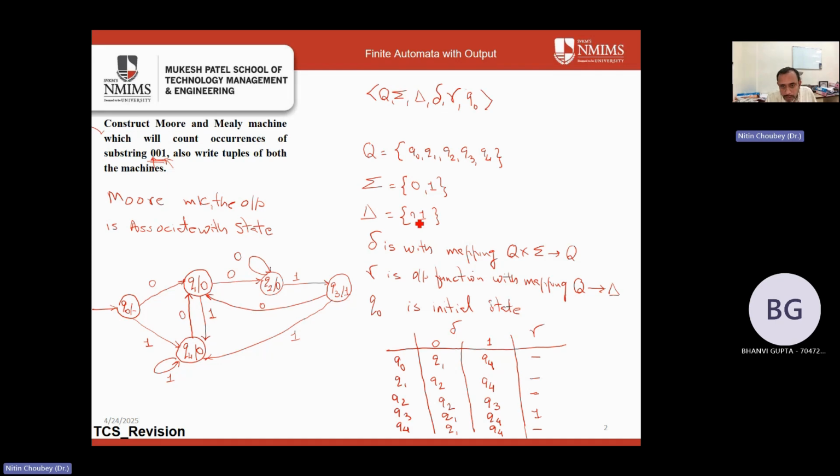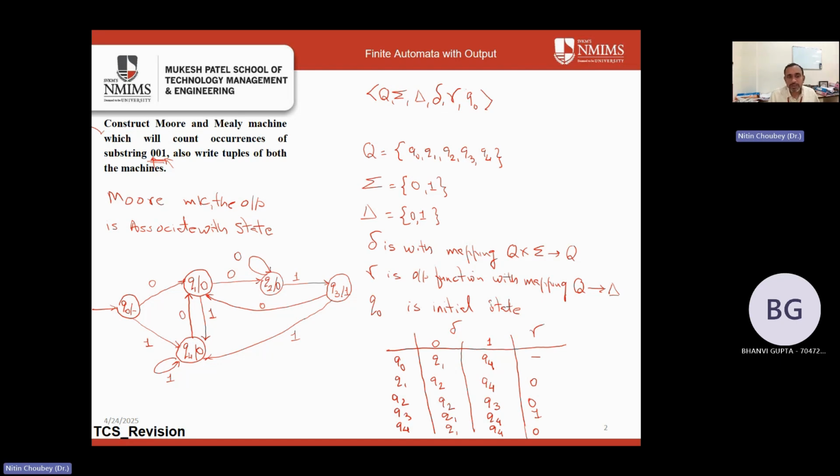Here, the output alphabet can have 0, 1, and in these cases, when the input doesn't have 0 followed by 0 followed by 1, we can have 0, 0, and 0 as the output. So this is another way of representing the same function, right? So it is a construction of a Moore machine for the given description.